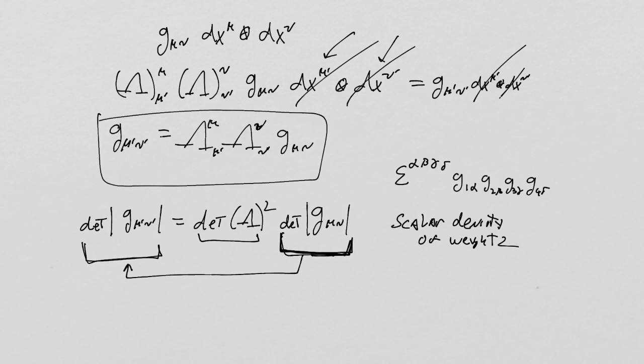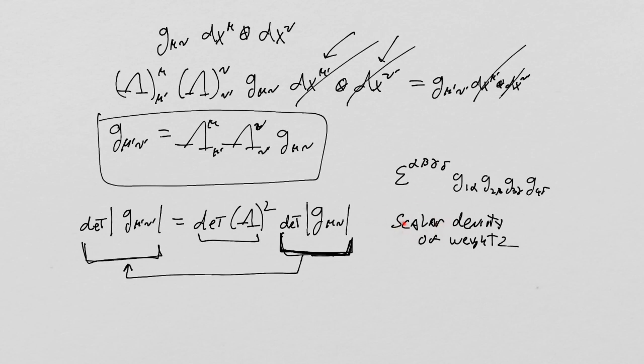It's scalar because it doesn't have any tensor parts here. We're just looking at the determinant of this object. But it's still a transformation, and it's just a zero-order tensor, so it doesn't have these guys. But its transformation is still a scalar of weight 2.